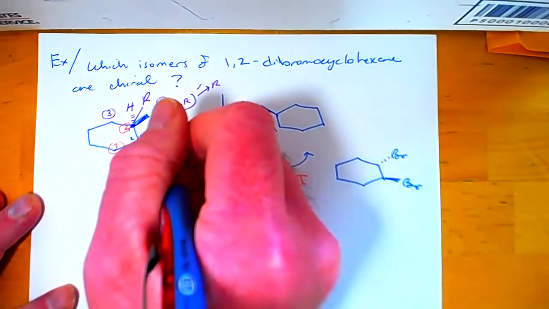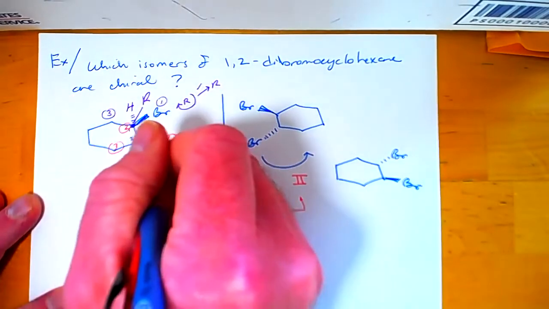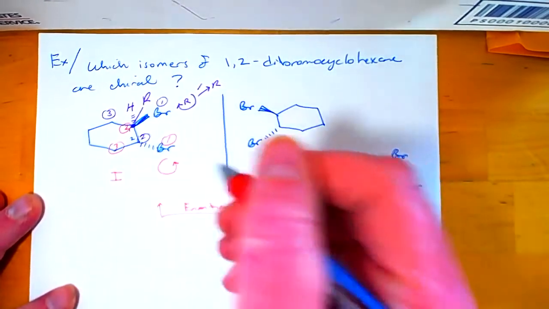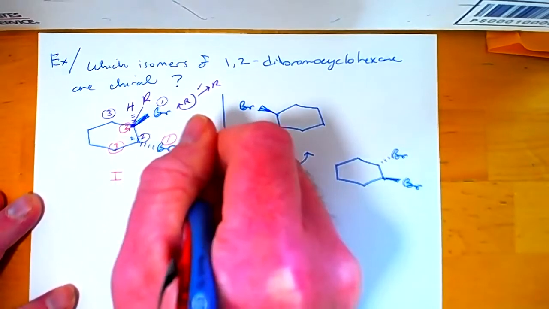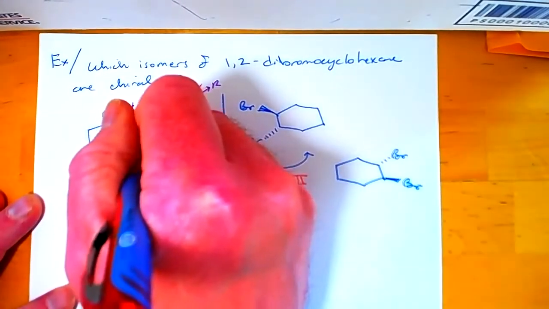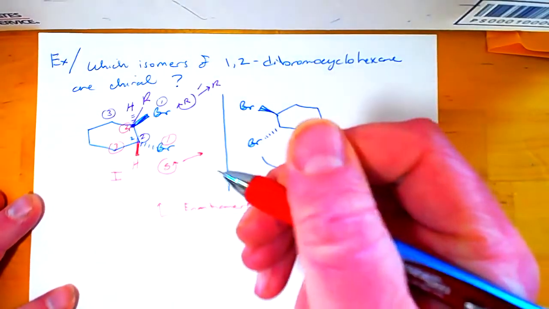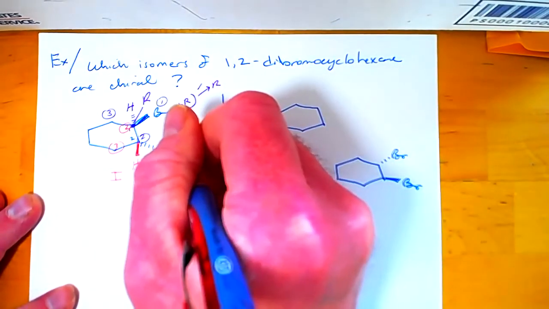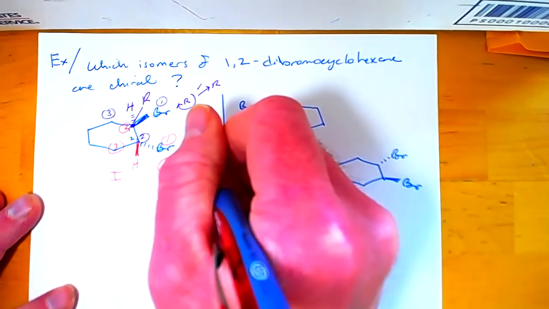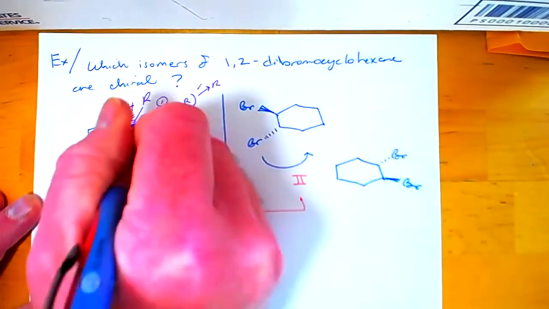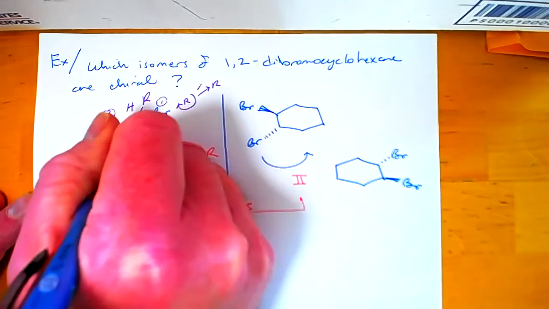If we do the rotation there, 1, 2, 3 is going this way, so that's counterclockwise, so I think S. And here I need to check my number 4 group, which the hydrogen now is pointing up. So that means I need to give this the opposite assignment, and so this center is going to be R as well.